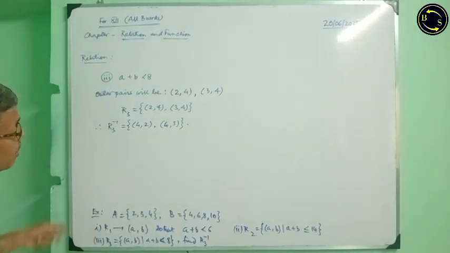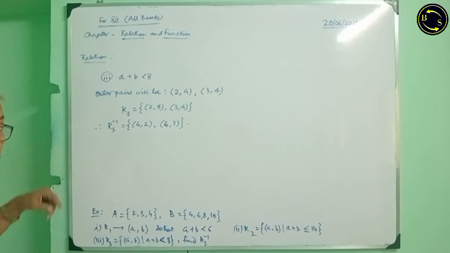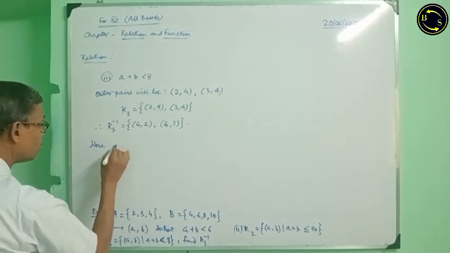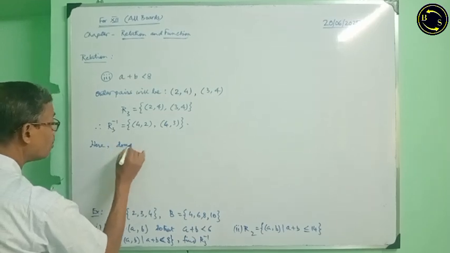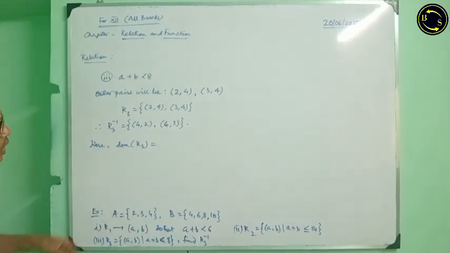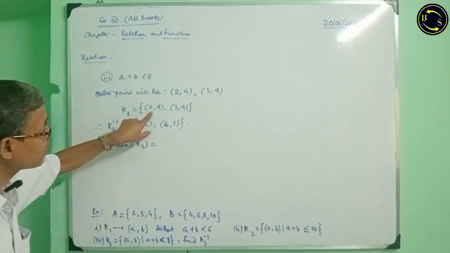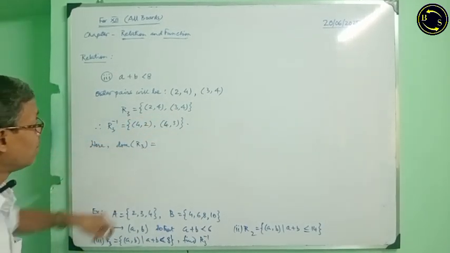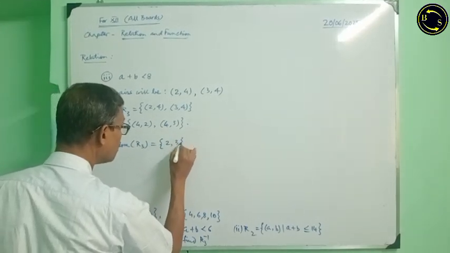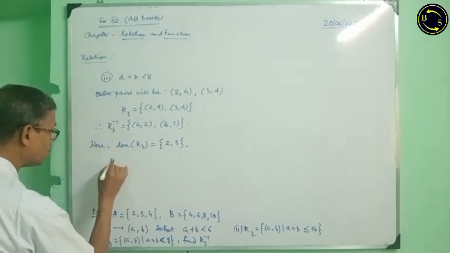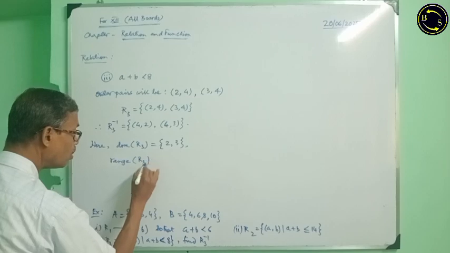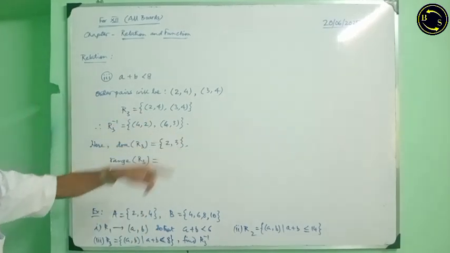Now, here we can find the domain and range of this relation. Here, domain of R3 is equal to the set of the first components. That means {2, 3}. Then range is the set of the second components.